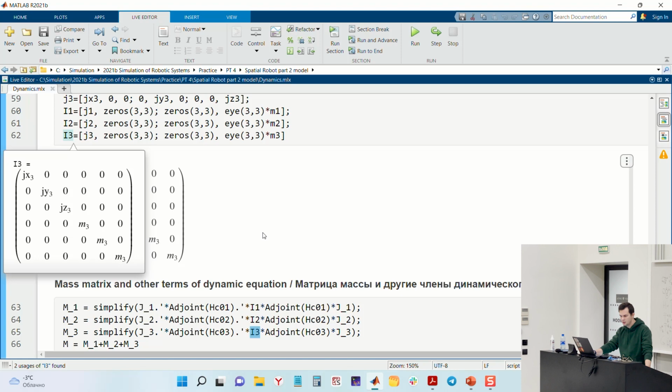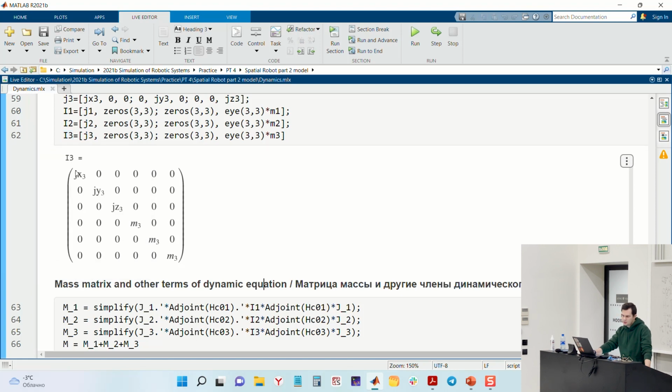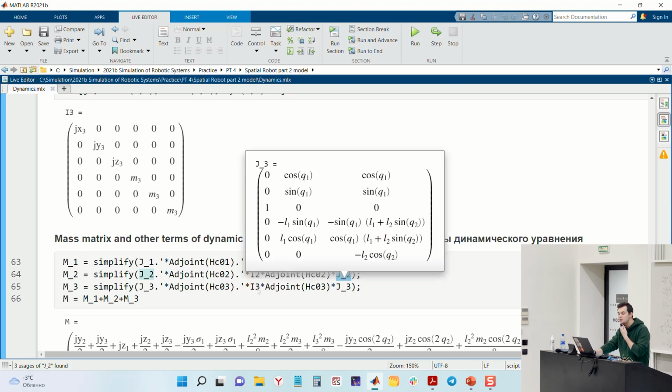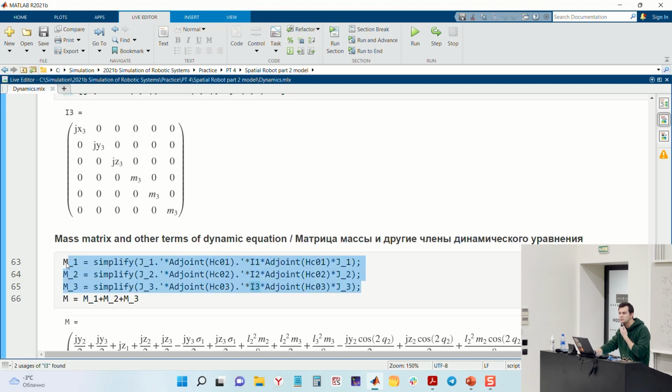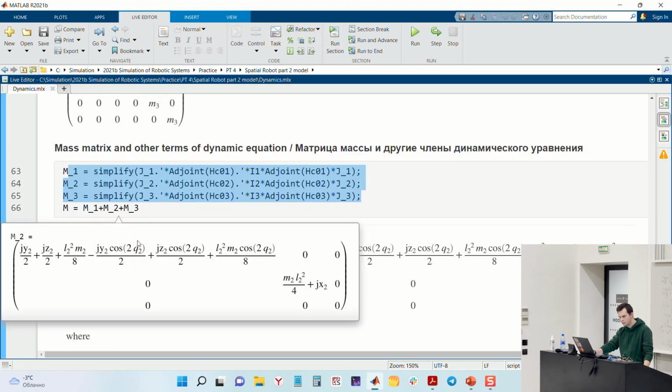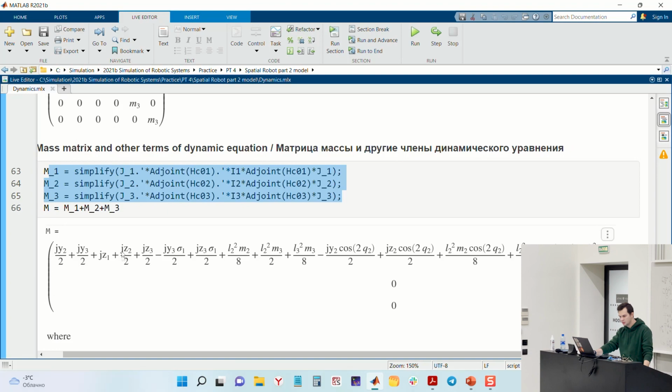Here you can see that it's 6 by 6, and we have components for the moments of inertia x, y, and z, and m3, m3, m3. Another adjoint with the Jacobian. Is it clear? So we computed M, and you can see how great it is symbolically.